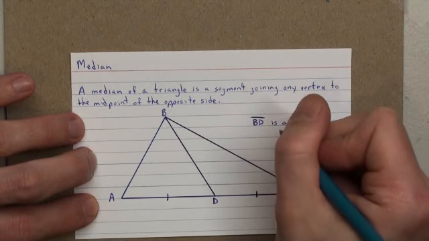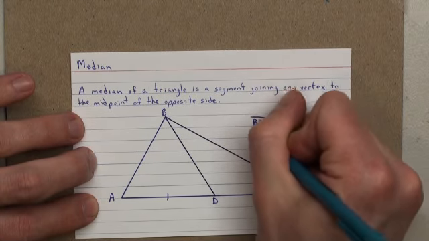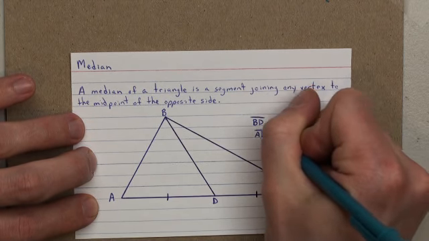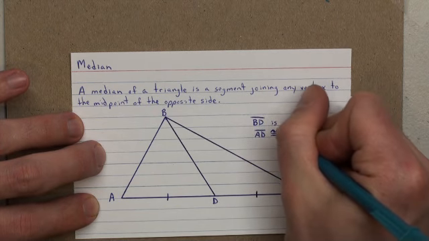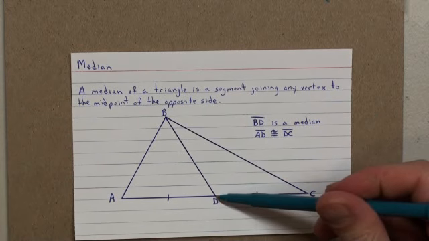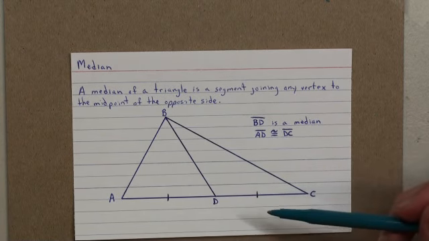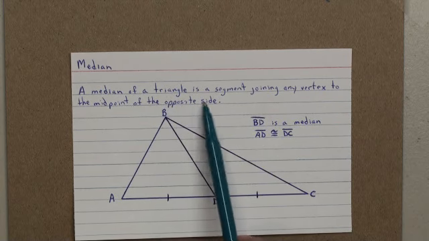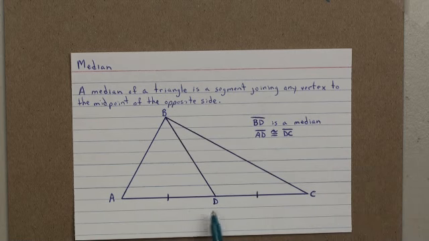So that tells us that AD is congruent to DC, because a median cuts the opposite side in half. Okay, that's the definition of a median. See, it joins any vertex to the midpoint of the opposite side. All right, the midpoint is the point directly in the middle, which cuts this whole piece in half. So these 2 pieces are then equal. All right, that's much better.